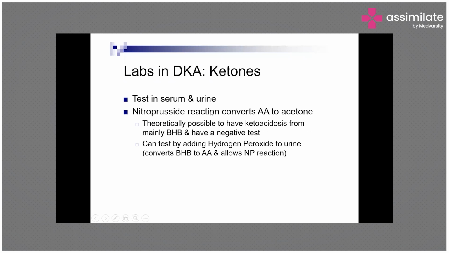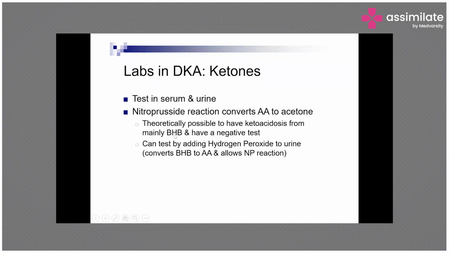Serum and urine, either of these tests can be done to detect ketones, but serum ketone levels will be more useful and more promising to tell you about the status of the diabetic ketoacidosis. In the nitroprusside reaction, which converts amino acids to acetone, theoretically it is possible to have ketoacidosis even if the blood glucose tests are negative.